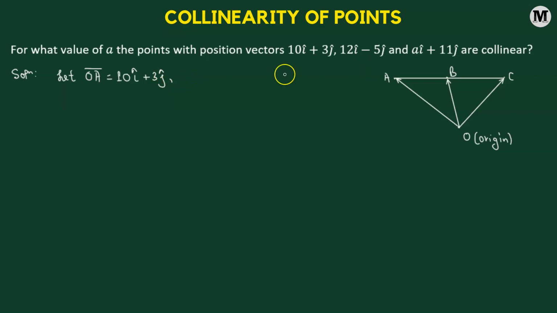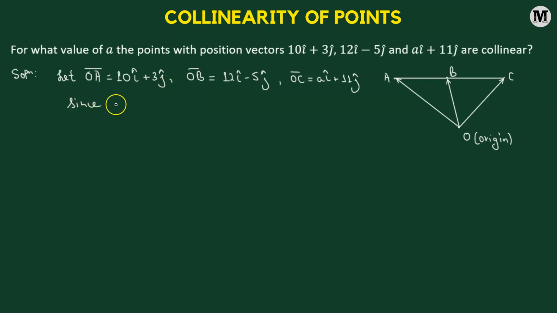Then we have the position vector of point B, so we have OB vector. This is going to be represented by the vector 12i cap minus 5j cap. And then we have the position vector of point C given by OC vector. Let's say it's defined by ai cap plus 11j cap. Now it's already given to us that the 3 points are collinear.